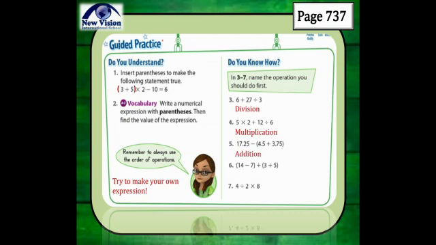Fantastic! Addition. Next, 14 minus 7 plus 3 plus 5. Very good. Subtraction. Last number, 4 divided by 2 times 8, the operation is division. Very good.